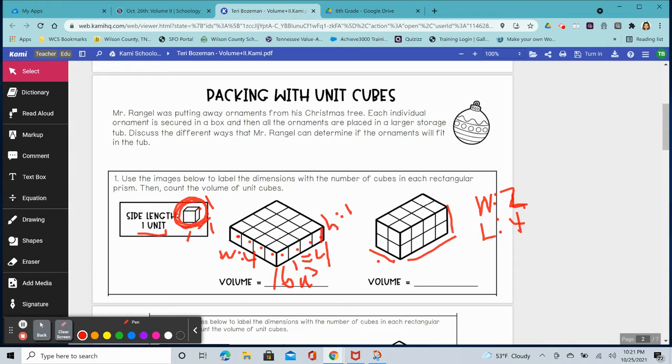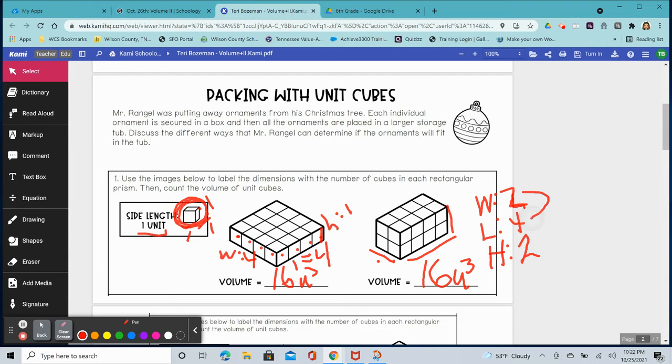And then we have a height of 2. So if we count those up, that is 1, 2, 3, 4 rows of 2. So that would be 2, 4, 6, 8. And we have that twice. So 8 plus 8 more would be 16. And we would find the same thing if we multiplied here.